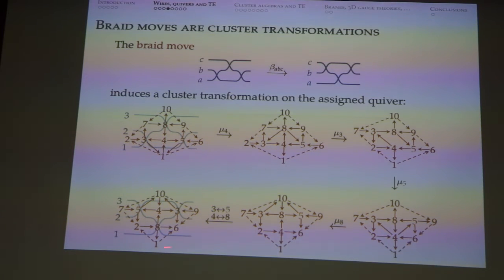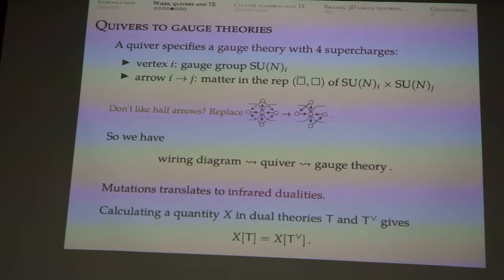Then you obtain this quiver, which is exactly the quiver assigned to this wiring diagram after the braid move. Okay? So this braid move corresponds to a cluster transformation. That is actually nice.